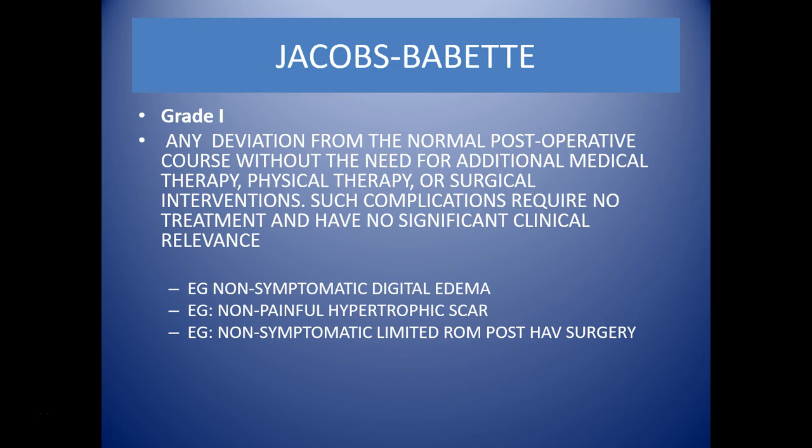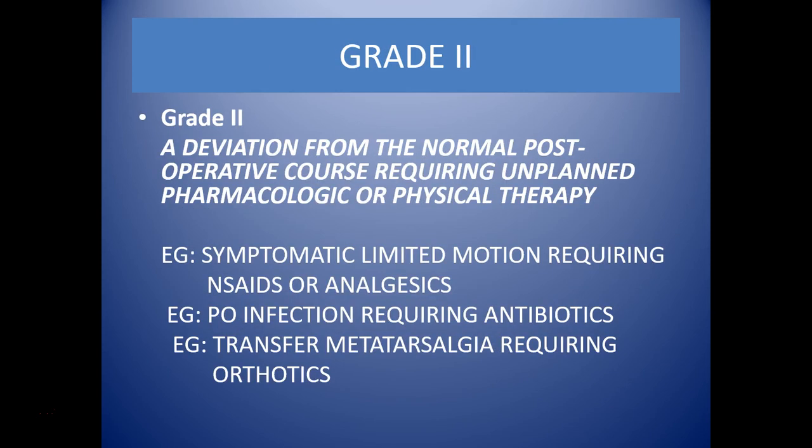They're not associated with the need for any therapy. Grade 2 complications require either additional medical or physical therapies for treatment. For example, a patient who has surgery done that requires some non-opioid analgesics, perhaps some anti-inflammatory medications.